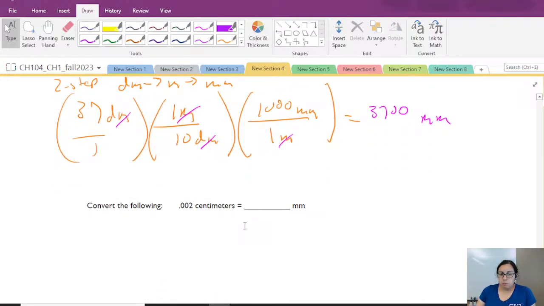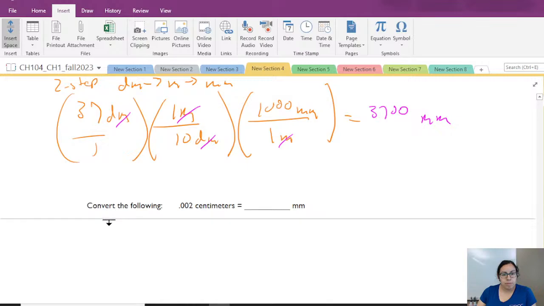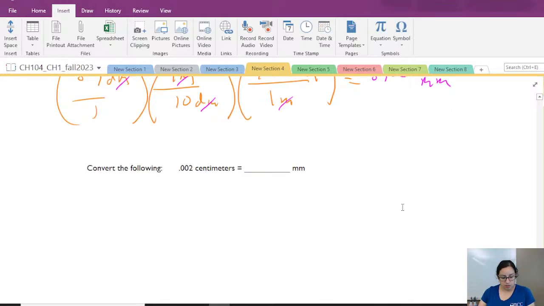And does anyone want to put this last one on the board? So this could be another tricky one. Again, depending on how you see it, you could go centimeters, meters to millimeters. So write your base unit.